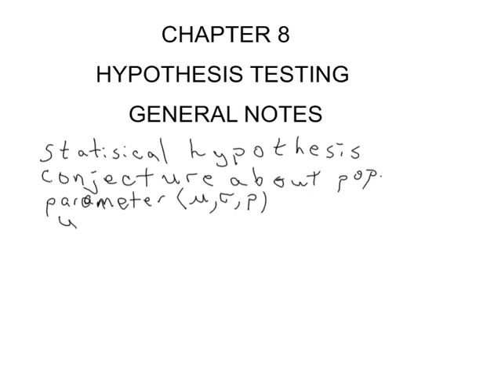This uses sample values. The sample values would be x bar for the mean, s for the standard deviation, and p hat for the true proportion, just like what we dealt with in the confidence intervals, where we looked at x bar and p hat.